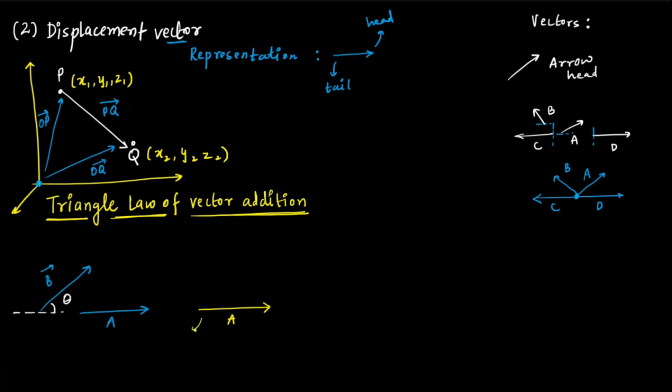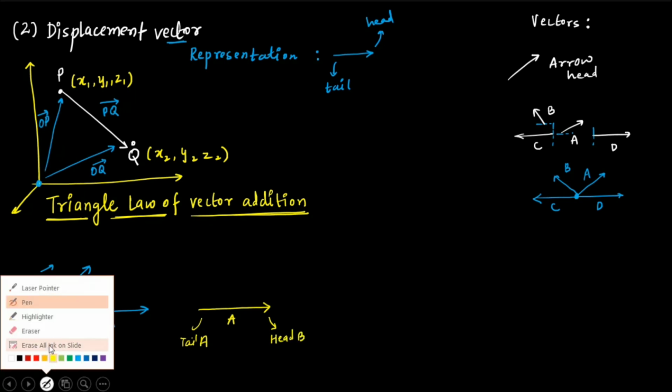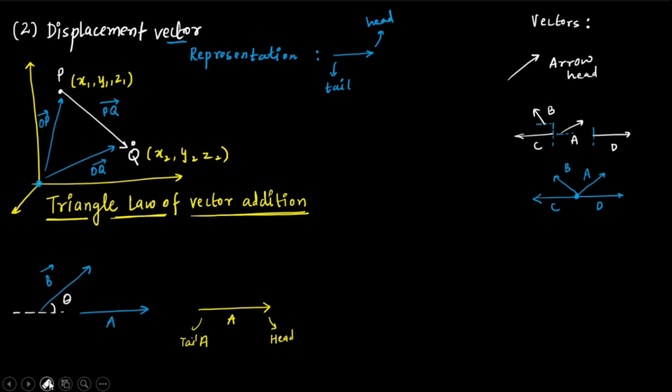It is the tail of A, it is the head of A. If I bring B closer to it, I'll bring it in this order so that I'll join them head to tail. So it becomes a sequence basically. Tail, head, tail, head. Like this is how you can rearrange them.